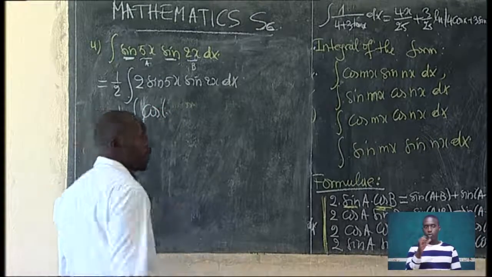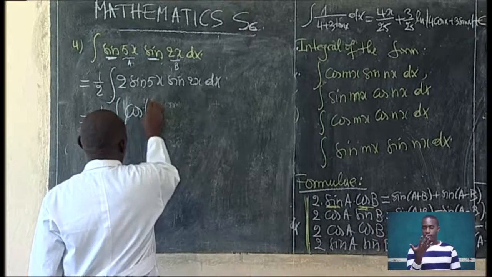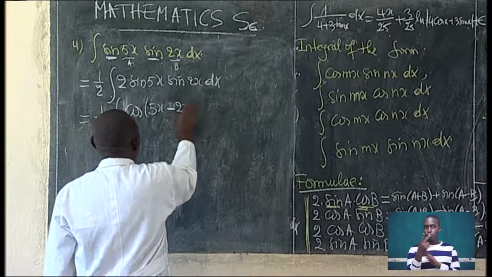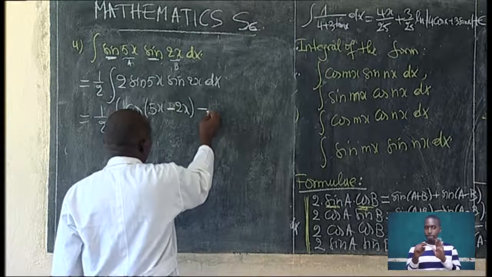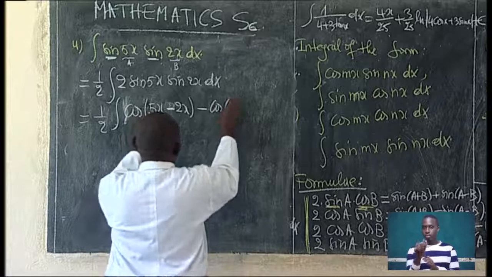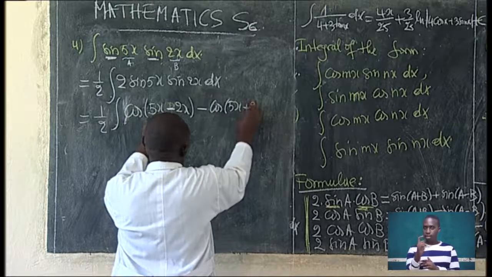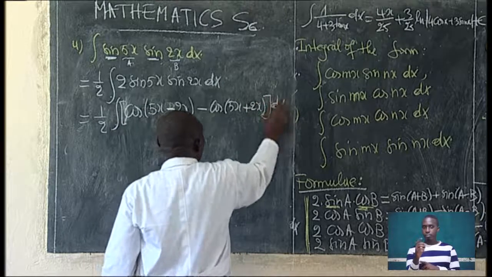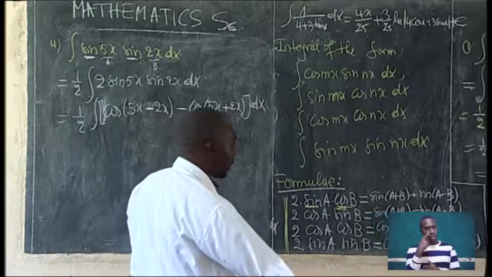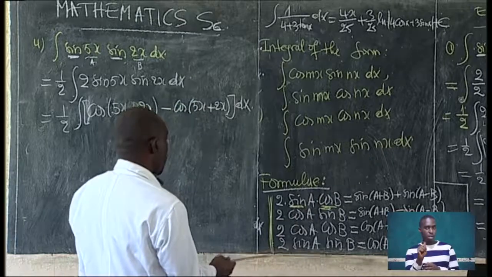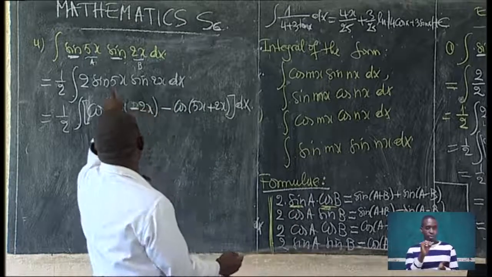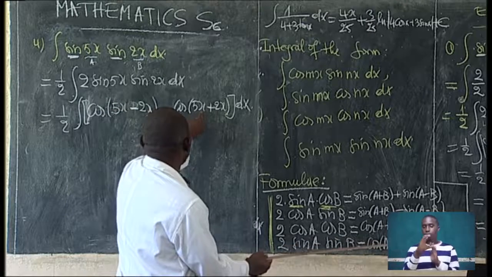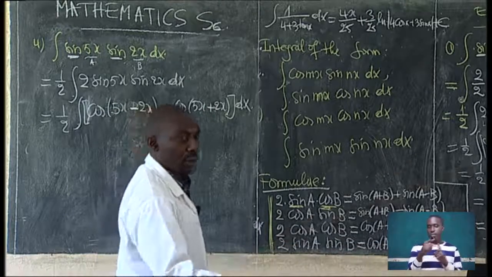Cosine of 5x minus 2x, then minus cosine of 5x plus 2x, dx. Verify if the formula is well applied. Cosine of A minus B, 5x minus 2x, then minus cosine of 5x plus 2x, right?